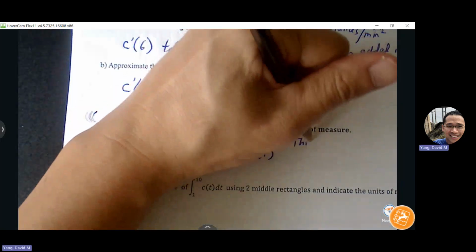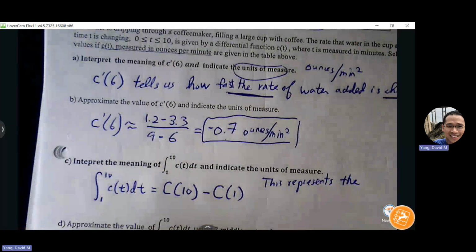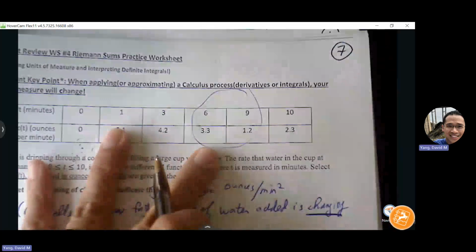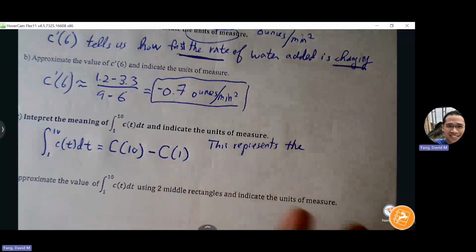So this represents accumulation. It is accumulation of the rate, but ultimately this is going to end up being the amount added to the coffee cup between the first and 10th minute. Okay.